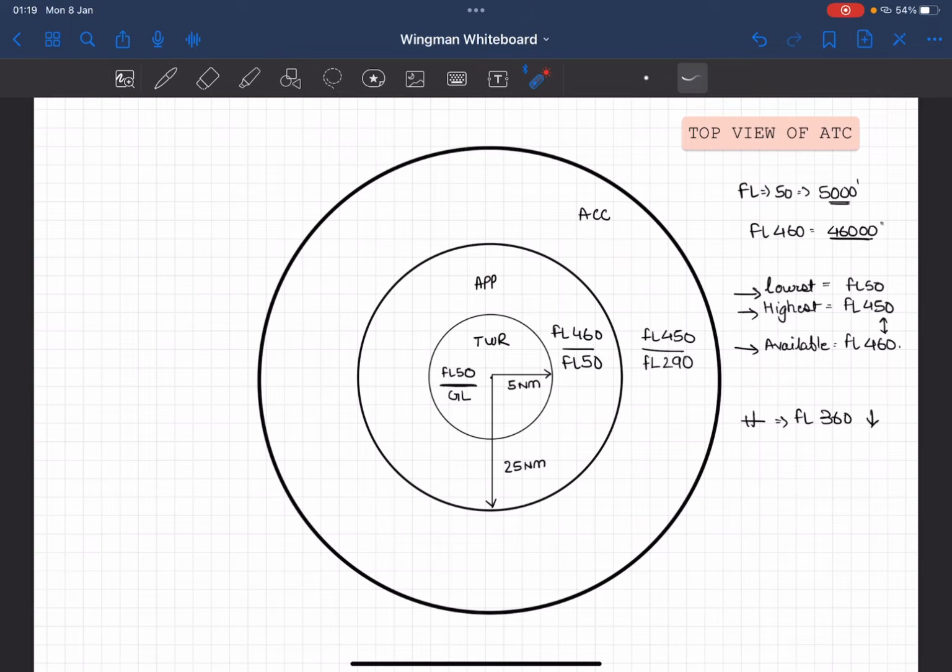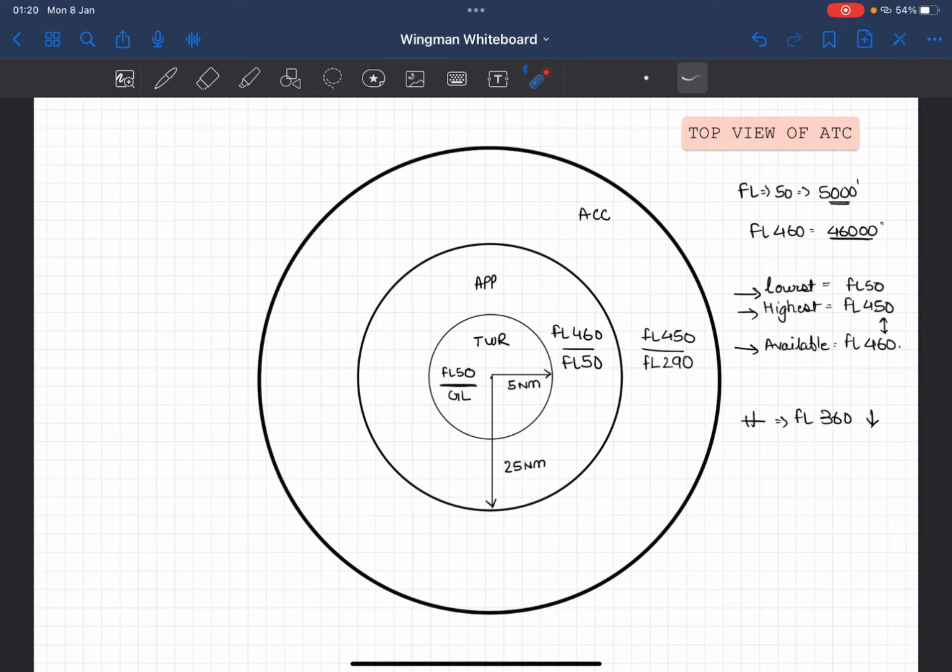In other words, his jurisdiction, which otherwise extends only from flight level 50 to 290, under certain circumstances, if area control hands over that traffic, he can guide him all the way from flight level 460 to flight level 50.